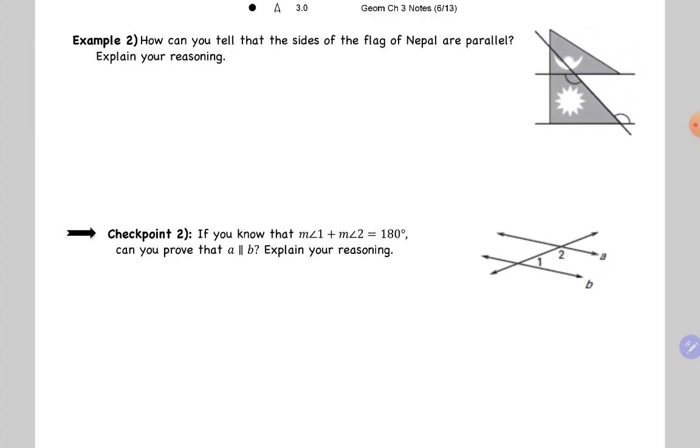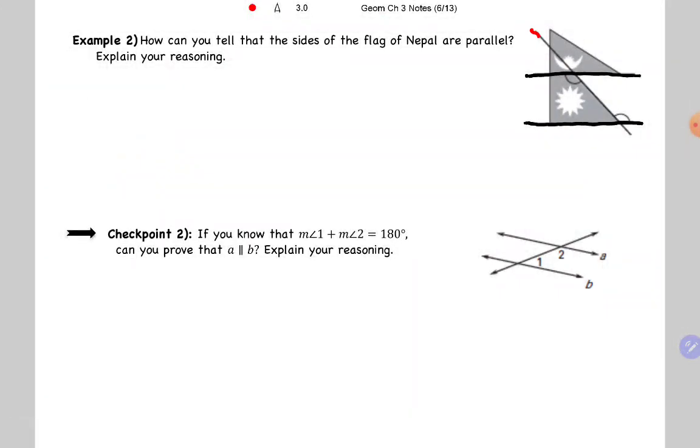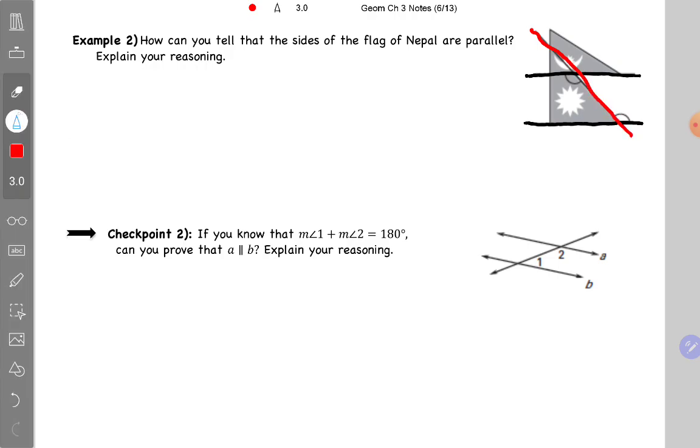How can you tell that the sides of the flag of Nepal are parallel? Okay. So they're talking about these two sides here. How do we know that they're parallel? Now, if you see the red transversal that I'm about to draw, and then they tell us that these two angles here are congruent.